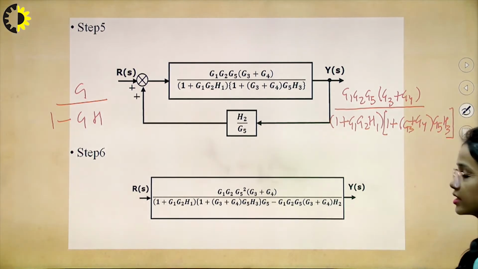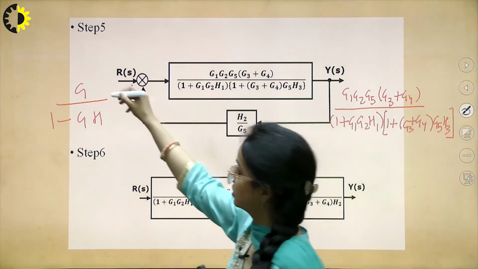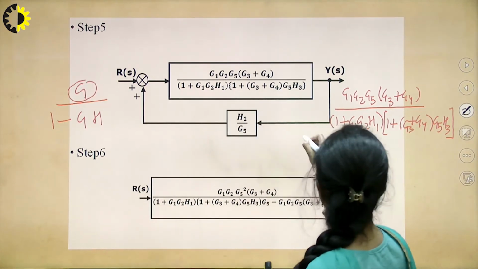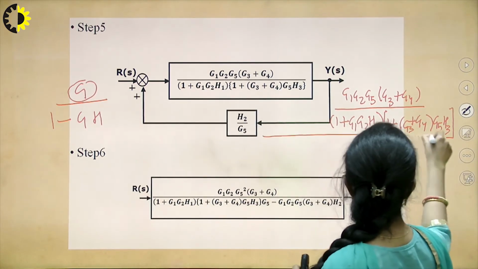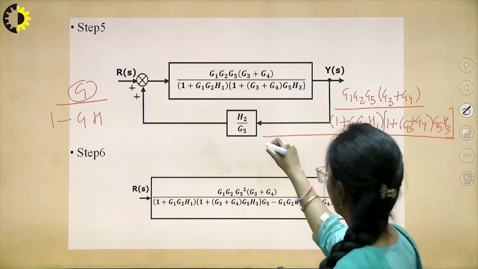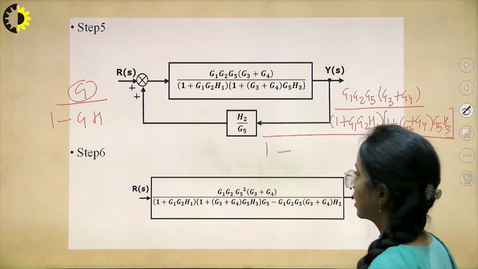This itself is just G divided by 1 minus GH.